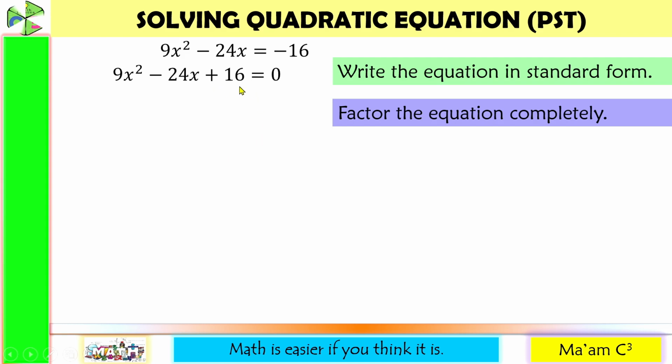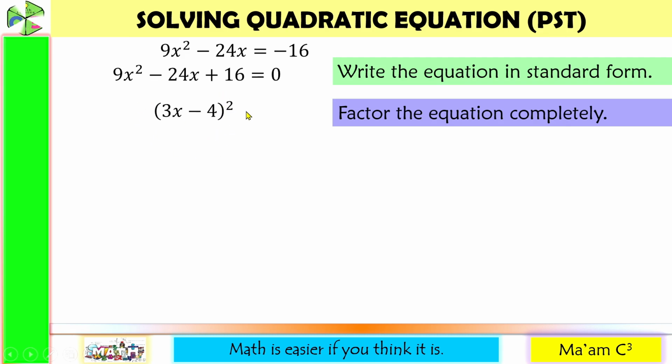Then the square root of 16, that would be 4. Copy the sign of the middle term and then the quantity is squared.